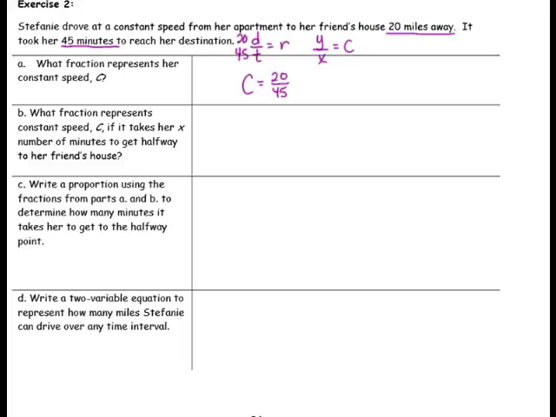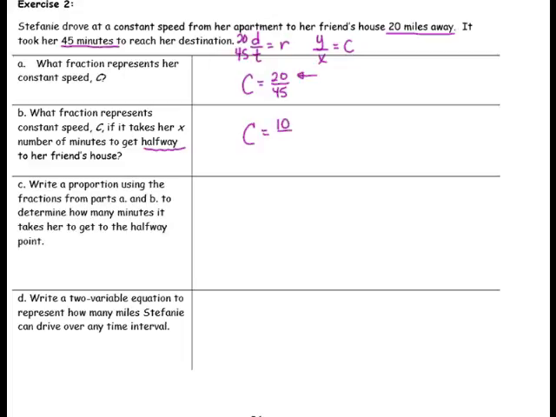Part B. What fraction represents the constant speed, c, if it takes her x number of minutes to get halfway to her friend's house? Okay, halfway to her friend's house. Well, she was going 20 miles. Now she's only going 10 miles.